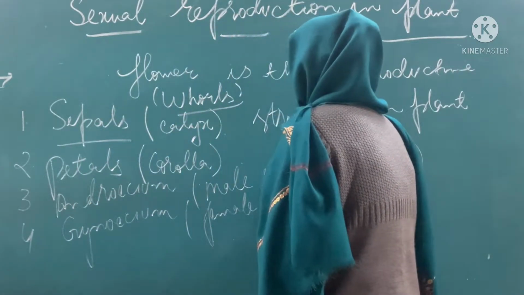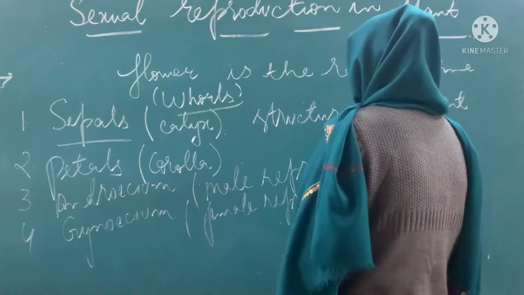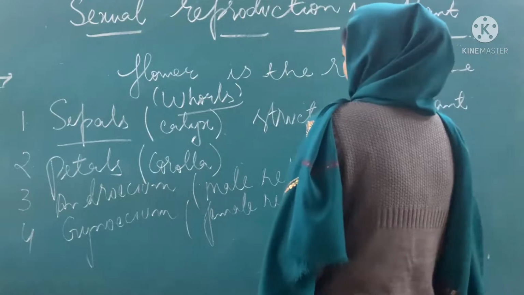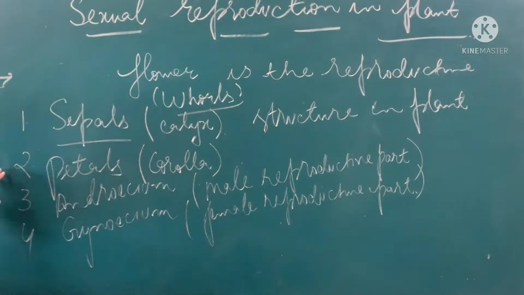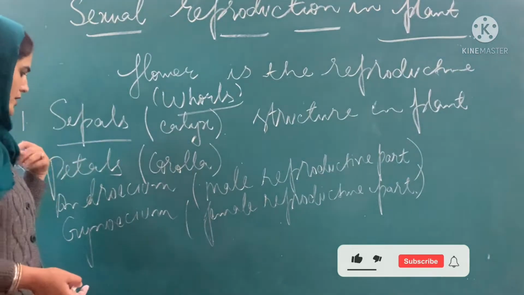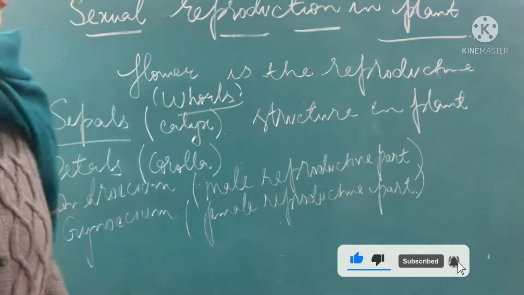So today we are going to discuss these four structures one by one. What is the role of sepals, what is the role of petals, what is androecium, what is gynoecium, everything like that.